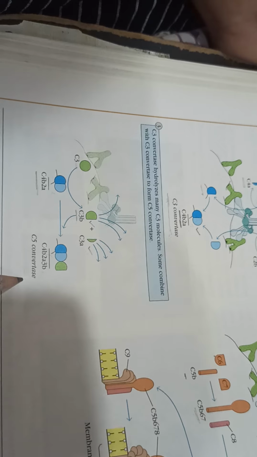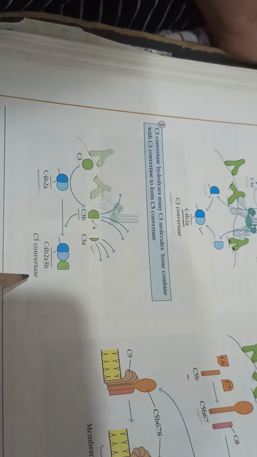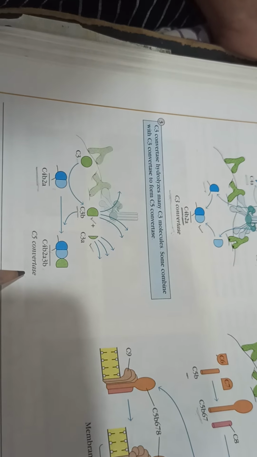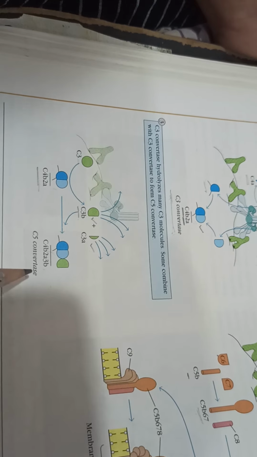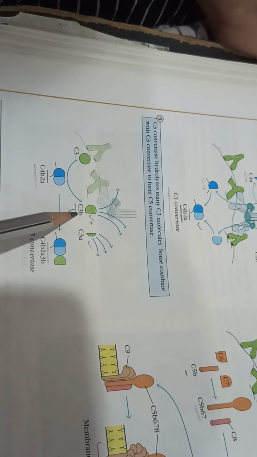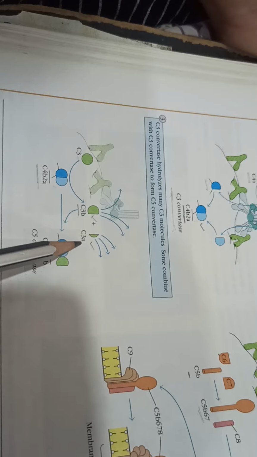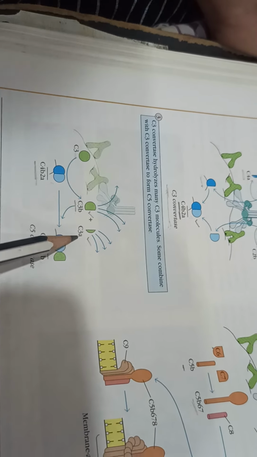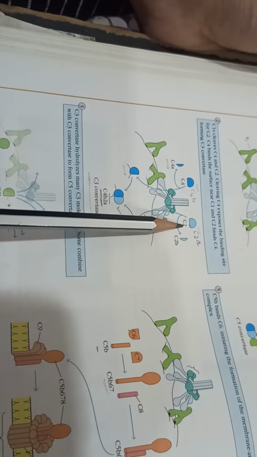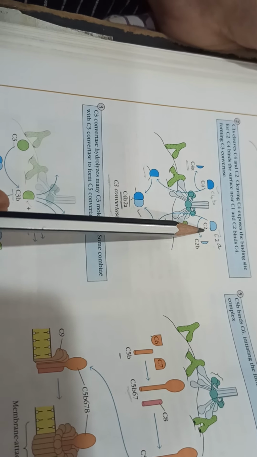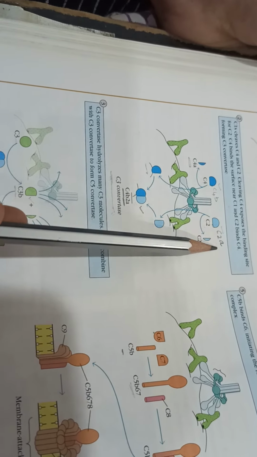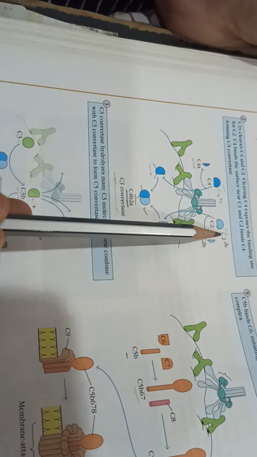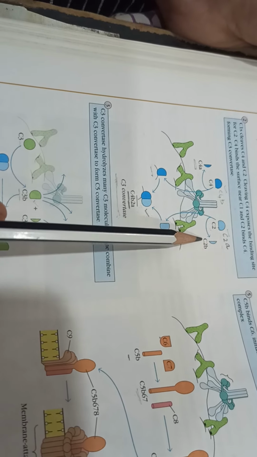You should remember one thing, that when the complement undergoes cleavage, always the larger fragment is referred to as B and the smaller fragment is designated as A, except in the case of C2. In the case of C2, the larger fragment is designated as C2A and the small one as C2B.